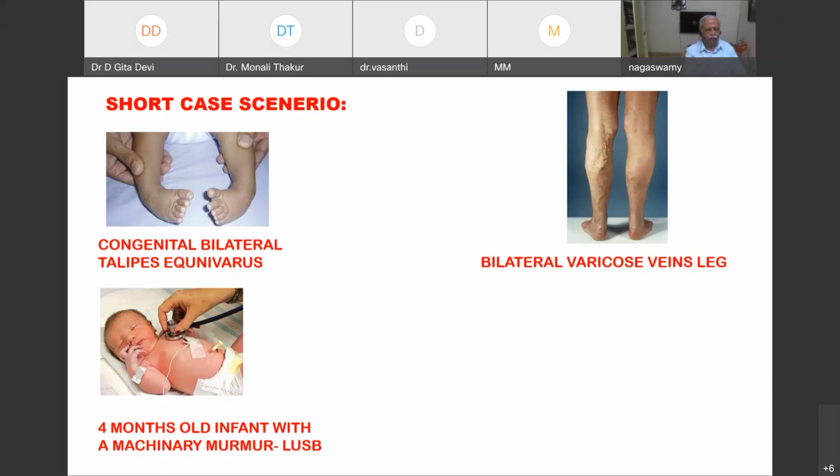Yes, it is going to be a left to right shunt, so there is a volume overload into the pulmonary circulation. Over a period of time, the pulmonary vessels will start fighting against that overload and become hypertensive. The pulmonary hypertension will affect the right ventricular ejection, and that will fail. So it will be a volume overload complication on the pulmonary circulation. Pulmonary plethora will be there, and the patient may go in for recurrent respiratory infections.